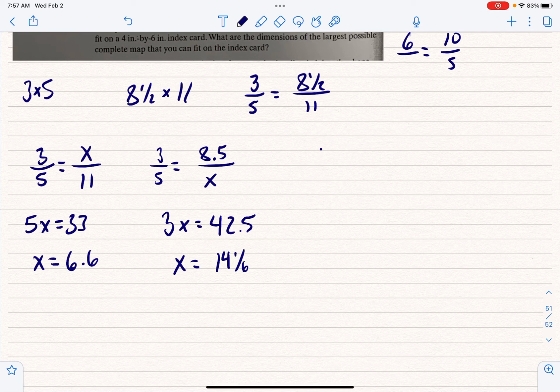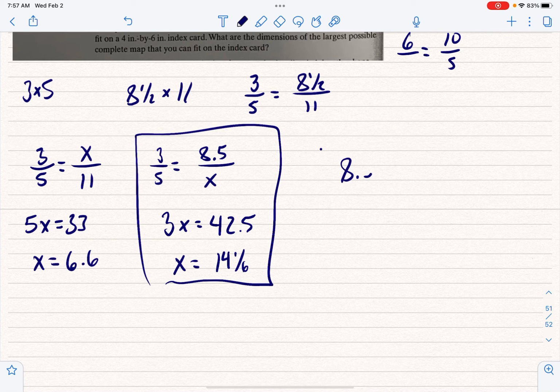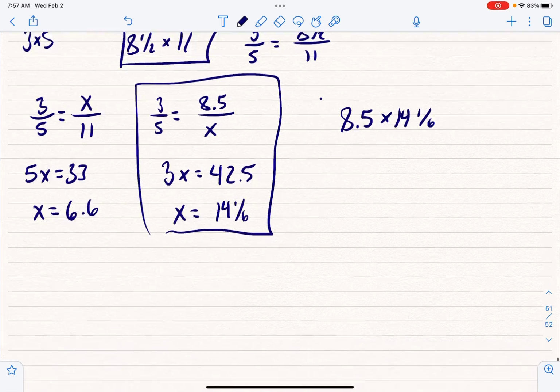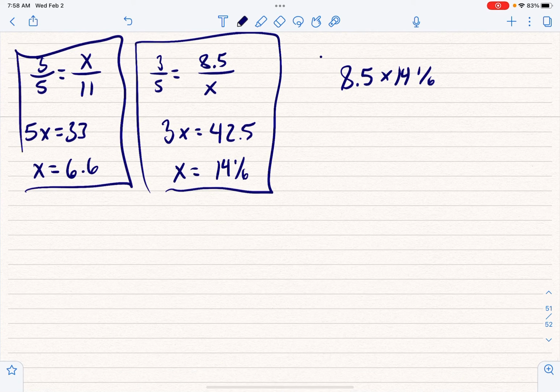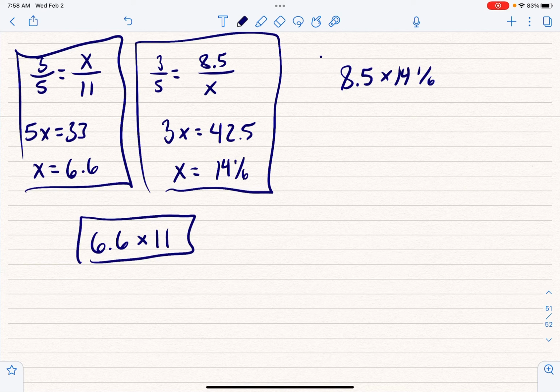Now we look and ask, which one of these works? While this one is larger, because it would be 8.5 by 14 and a sixth, that's a problem because that doesn't fit on the sheet of paper. So the one we want is actually right here: 6.6 by 11. That's the biggest enlargement we can get.